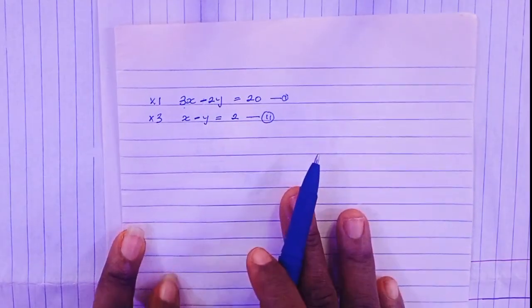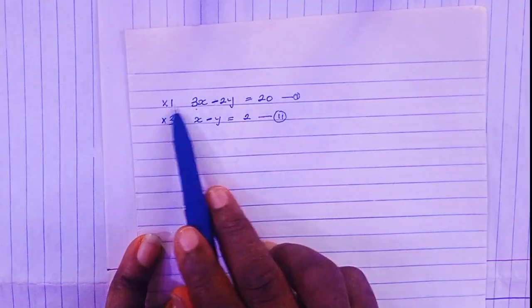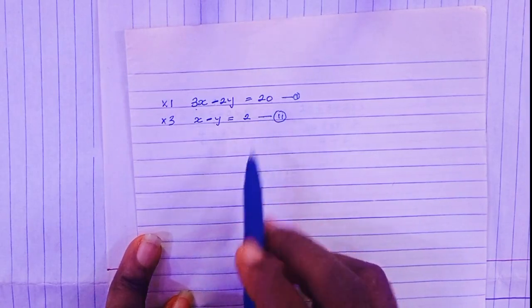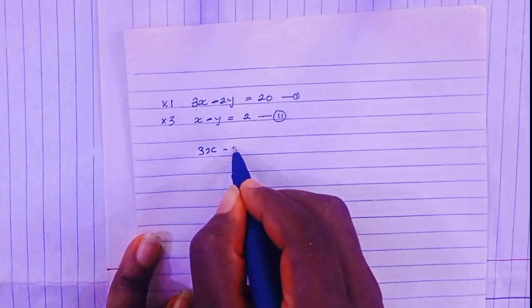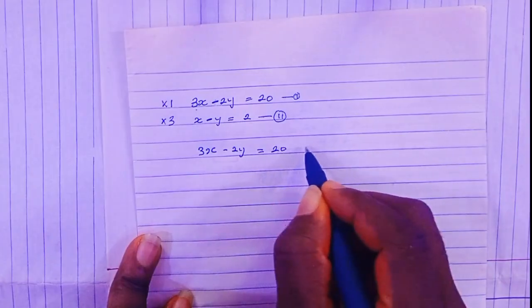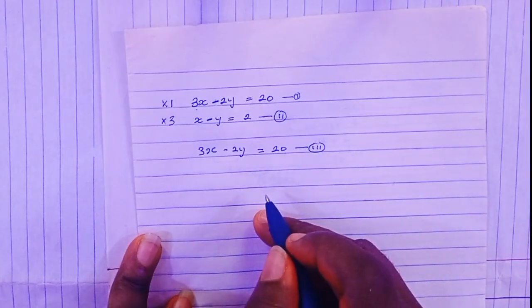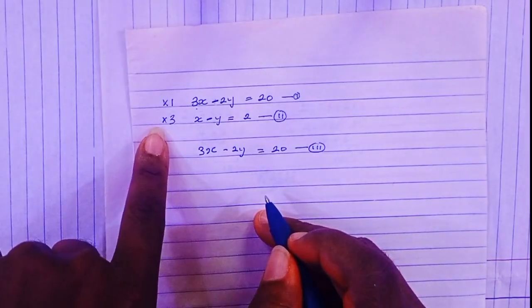So by so doing, multiplying equation 1 by 1, we are going to still get back our equation 1, nothing changed. Alright, so we are going to have 3x minus 2y equals 20. You can call it equation 3. Then we are going to multiply equation 2 by 3.